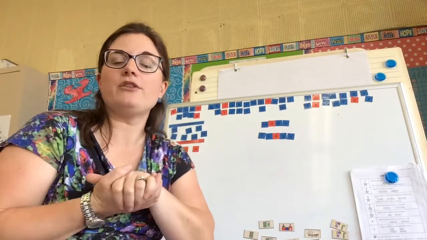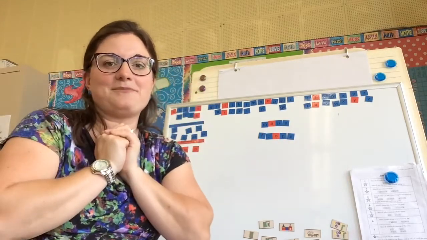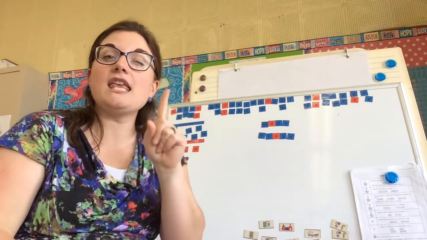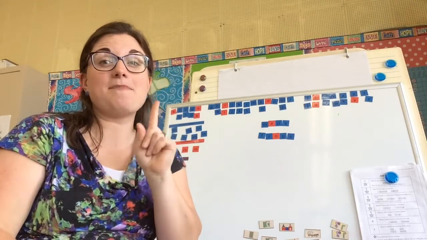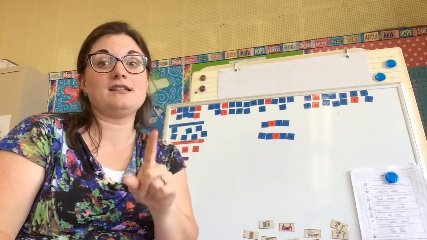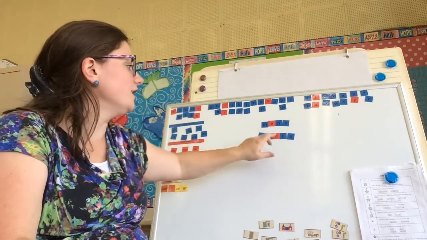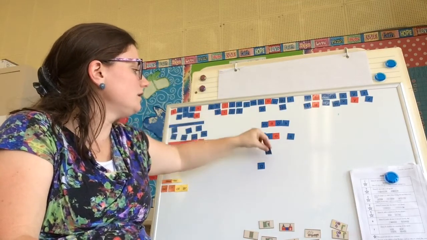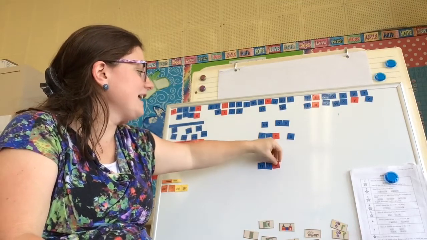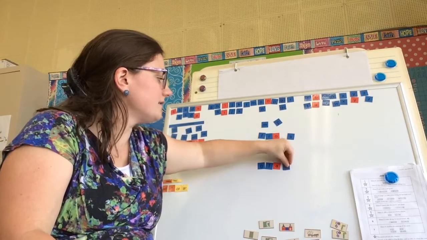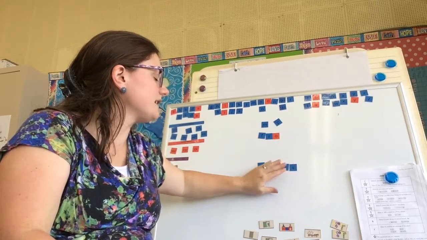Now I want to spell the word glasses. I'm going to think of the base word. What's the base word for glasses? Glass. So let's spell glass. G-L-A-S-S. Okay, so the base word is glass.